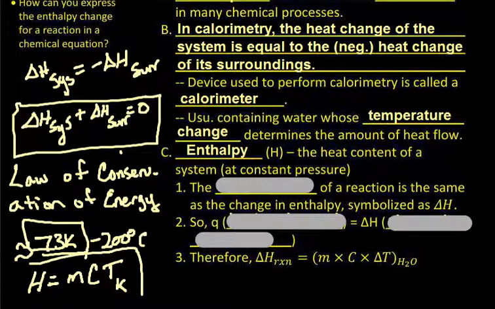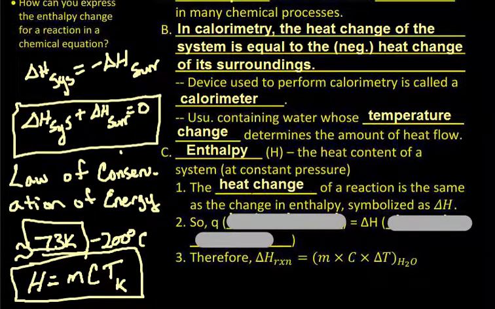And that whole thing is the enthalpy of your system. Well, that's a really esoteric way of looking at it, overly complicated. What we really use enthalpy for is to examine the change in the heat. And so the heat change of a reaction is the same as the change in the enthalpy, which is symbolized as delta H.